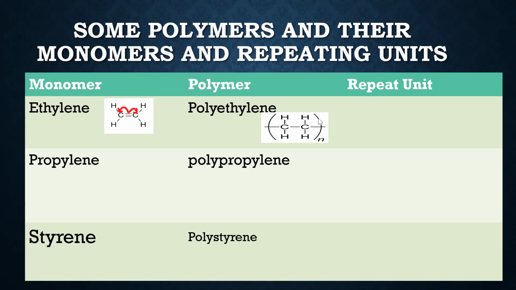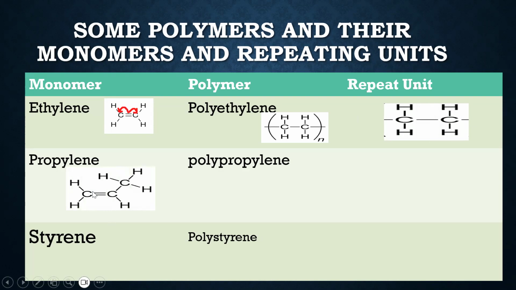The ethylene unit will repeat itself n times. This n can be 10,000 times. And this is the repeated unit.